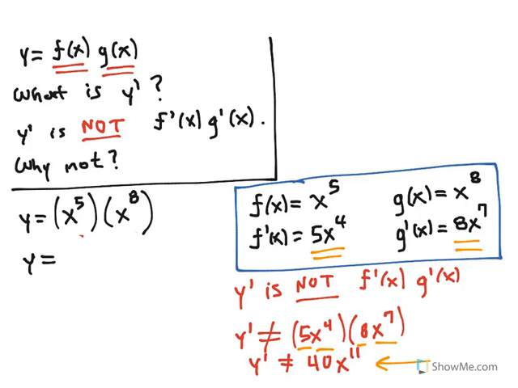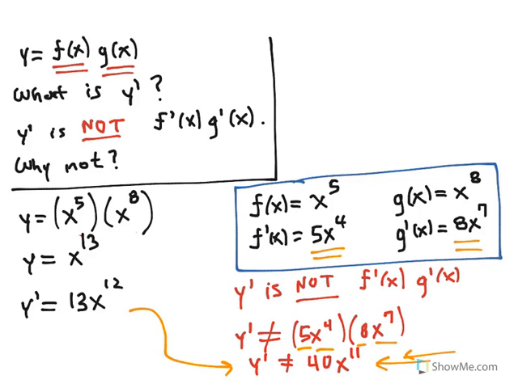So you have a product of two powers with the same base, so you can add the exponents. 5 plus 8 is 13. So now you have a power function, so using the power rule, the derivative of this power function is 13 times x to the 12th. And you can see that that is not the same as what we had earlier. That is why this cannot be correct.